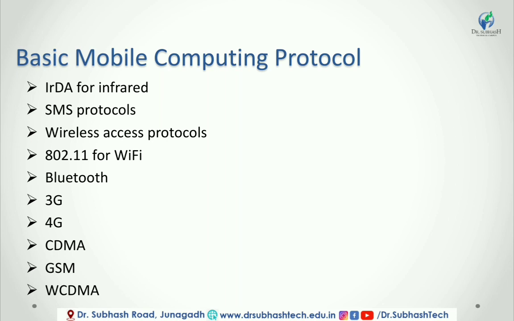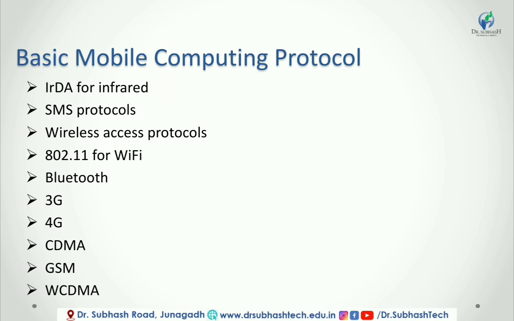Third protocol is Wireless Application Protocol. WAP is a technical standard for accessing information over a mobile wireless network. A WAP browser is a web browser for mobile devices such as mobile phones that use the protocol. Wireless devices use this to send information over a wireless network.